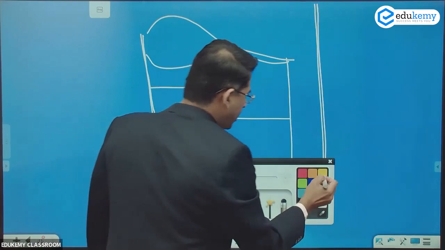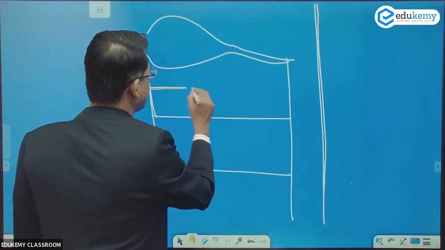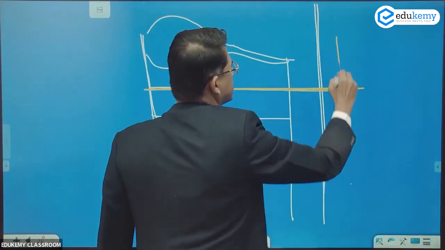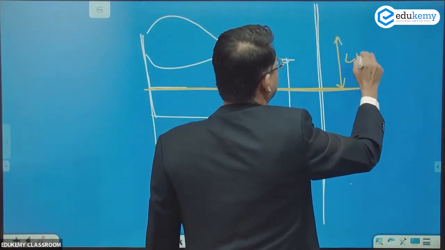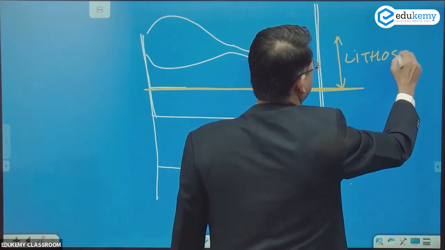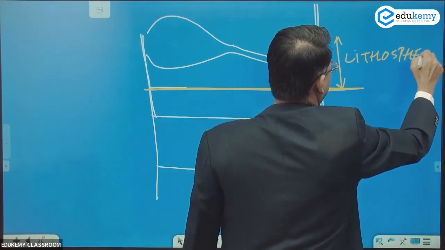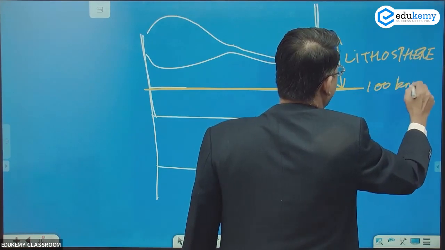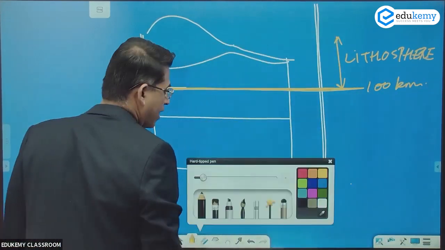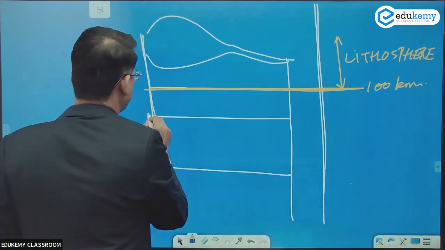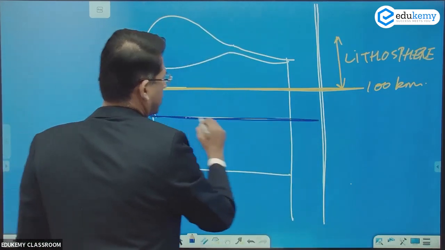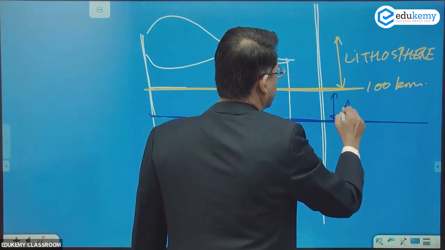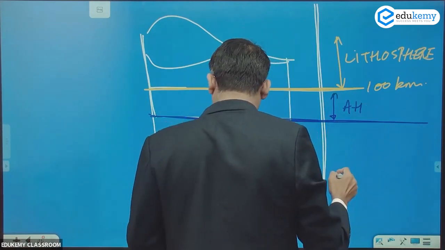So if I take another color here, यहाँ तक. This is the lithosphere, up to a depth of 100 kilometers. Okay, this is the asthenosphere.